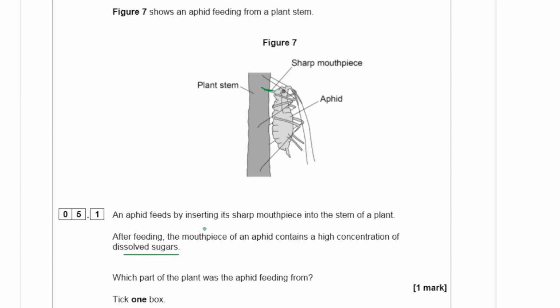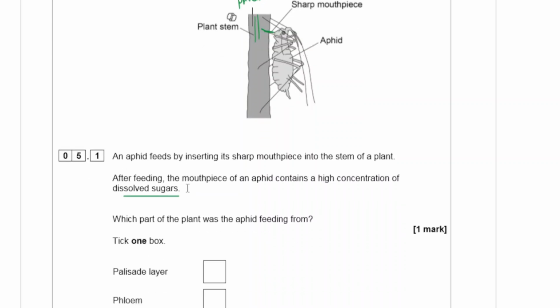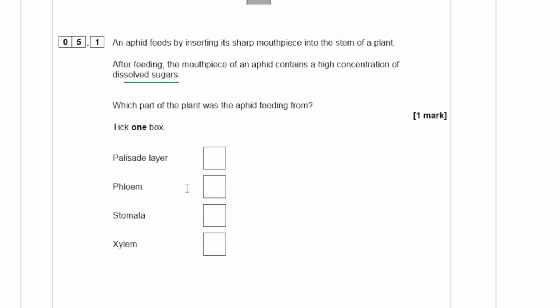So the dissolved sugars, in a plant, the sugars are actually in the phloem, which is usually towards the outside. The inner part is where the xylem is, where it contains water. So aphids literally put a hole through and literally draws up the sugar from the phloem, because there's always constantly sugar moving from the leaf towards the root, because the root always needs sugar.